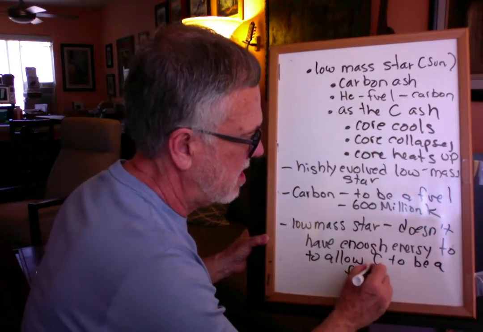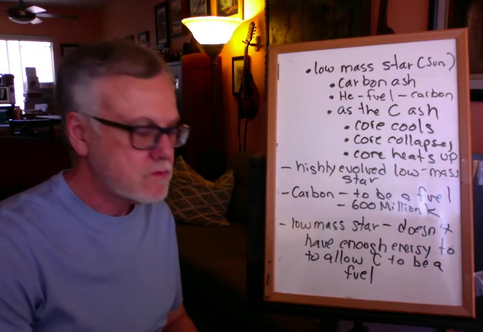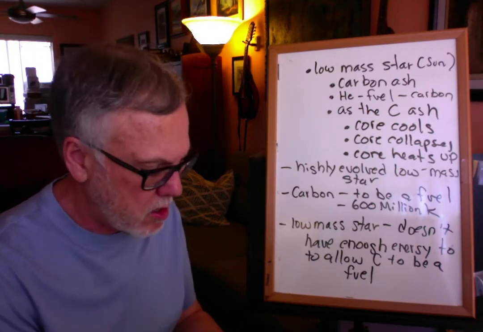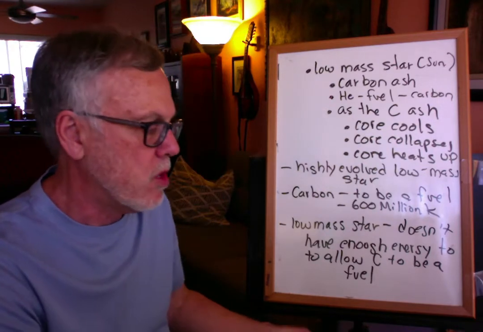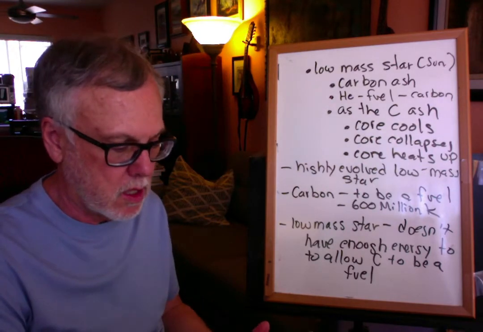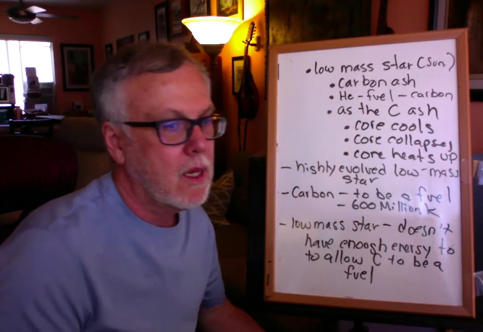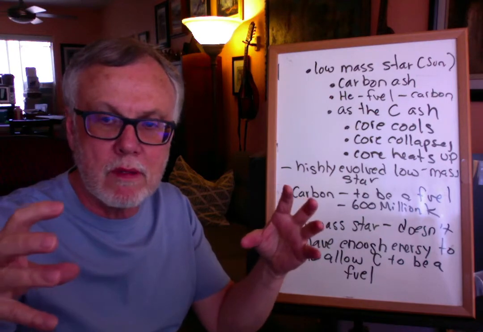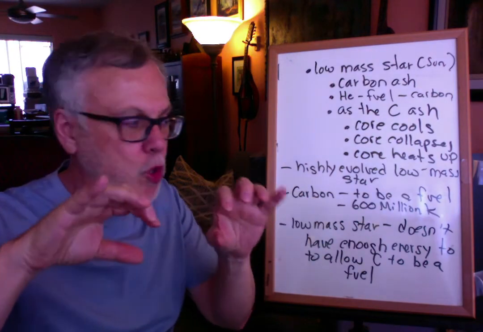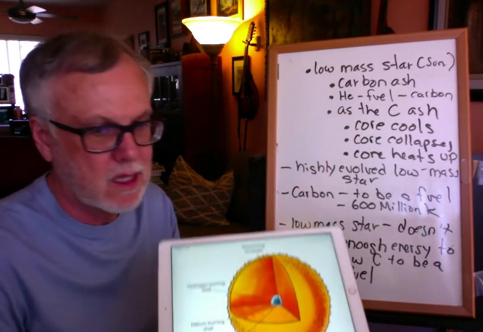So what occurs? It just gets hotter and hotter. More and more energy flows out until eventually the outer energy is so much greater than gravity that it pushes that outer envelope of gases into space.